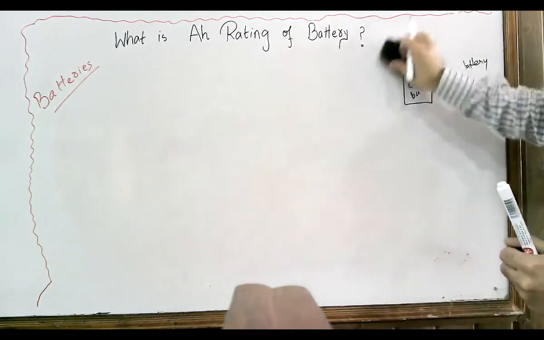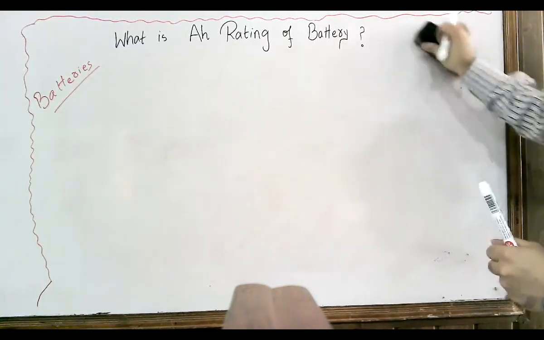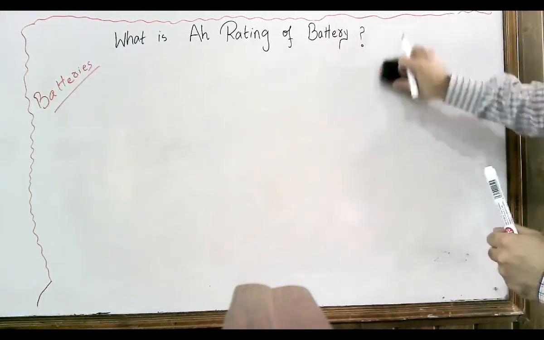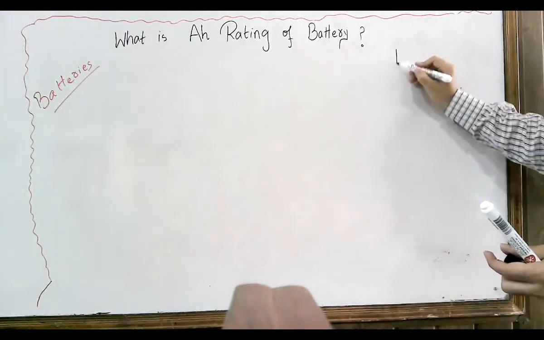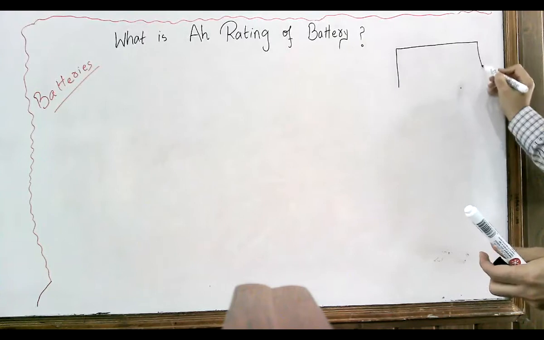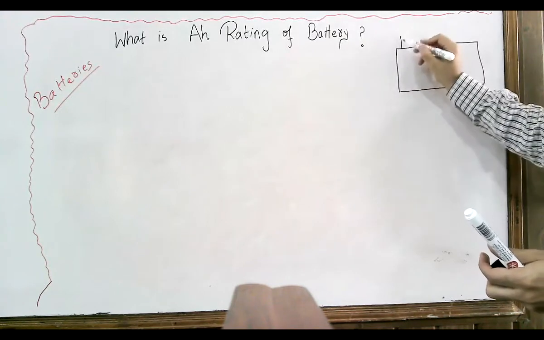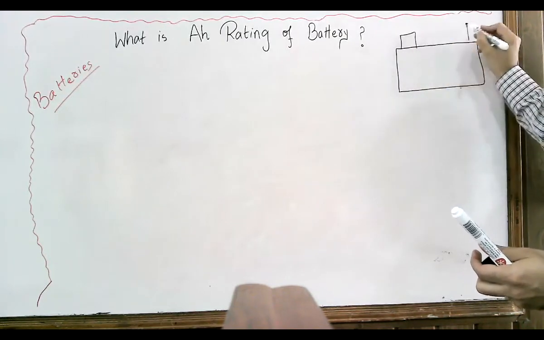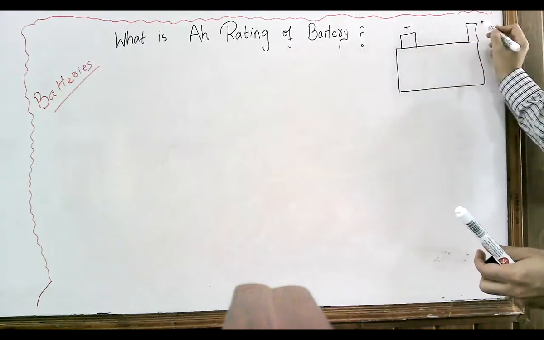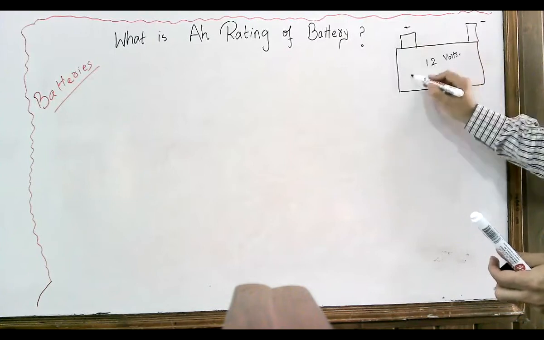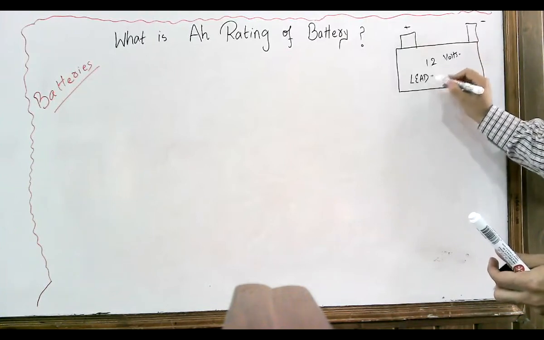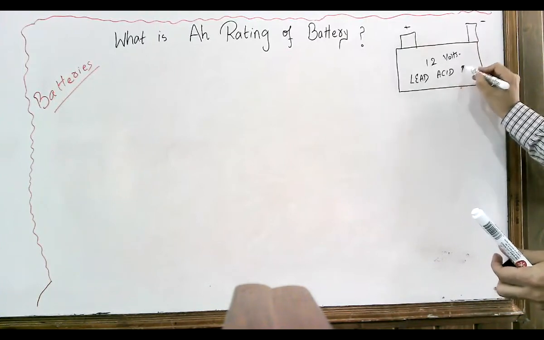We are discussing the batteries which are used as a backup. This is the positive potential and this is the negative potential. Let's say this is a 12-volt battery and this is a lead acid battery.